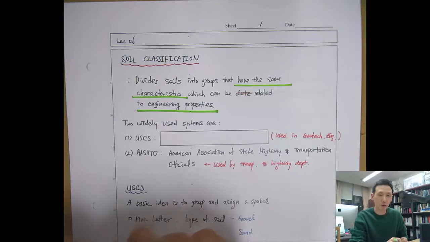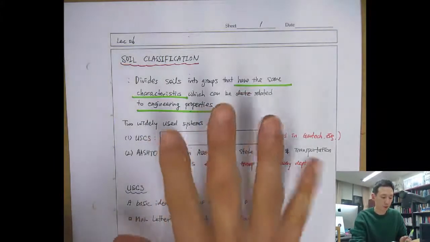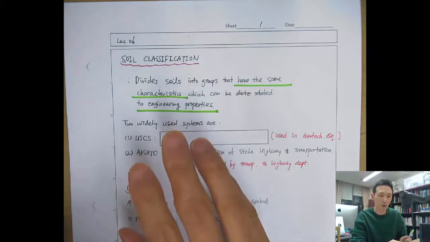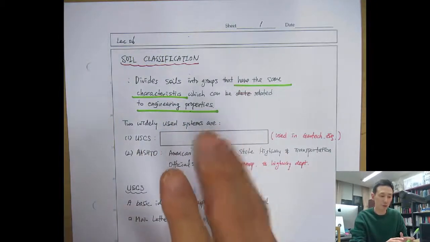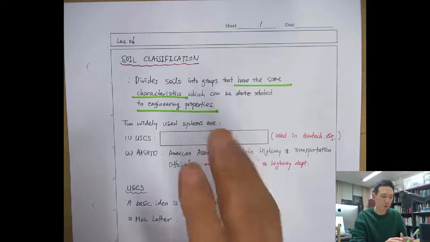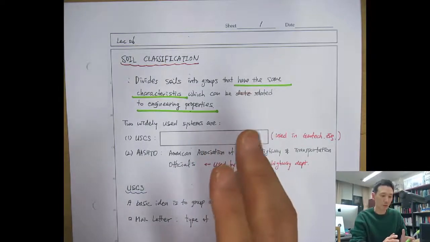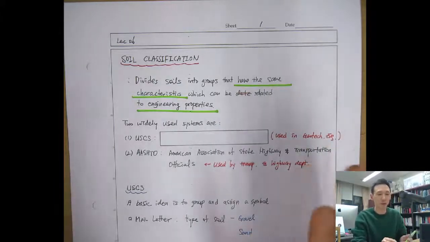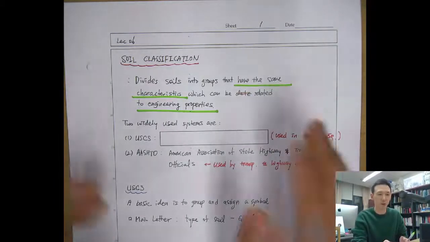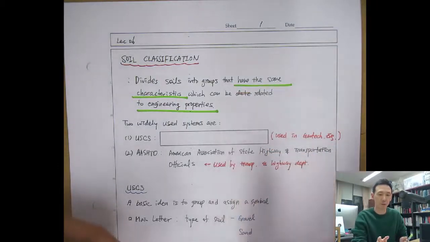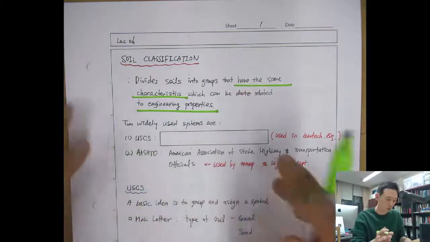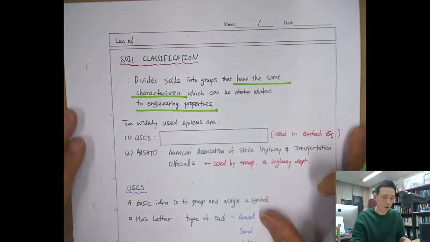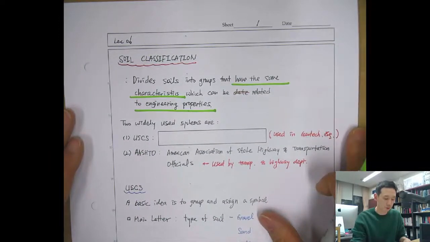In practice, people use these symbols and the classification system to name the soil. Like your boss can ask you what's the soil at the site of interest where we are going to build a harbor or an airport. Then you can say that to a certain depth it's a sandy soil or silty sand or clay soil with a high plasticity, etc. So we're going to talk about the language and the common terminology to classify the soil.